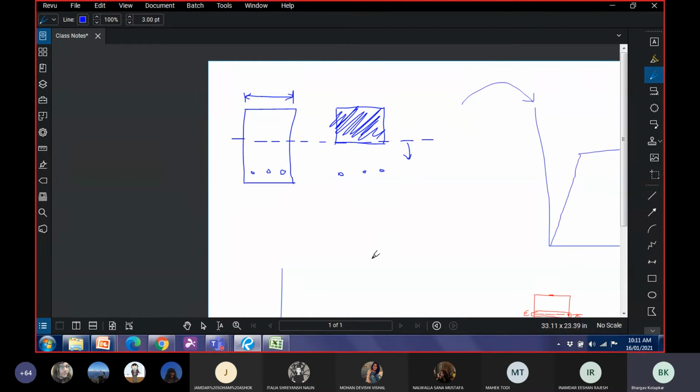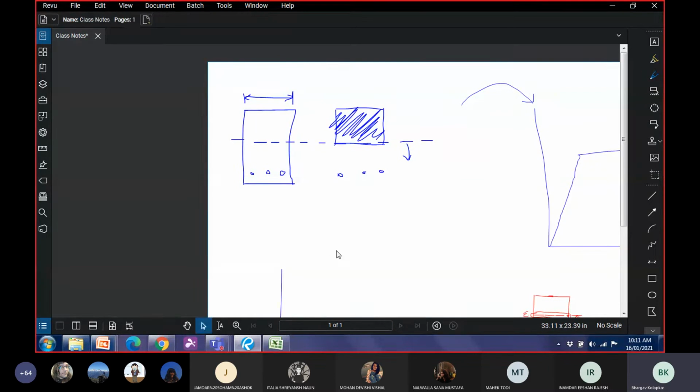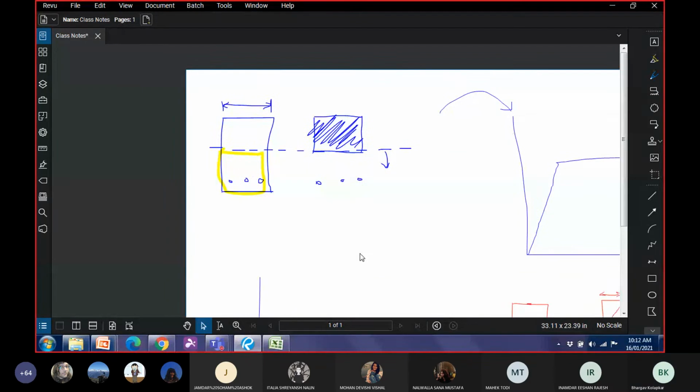Why do I make this assumption, by the way? Why am I completely ignoring concrete in this region? For keeping the margin. Neha, would you like to answer this question?